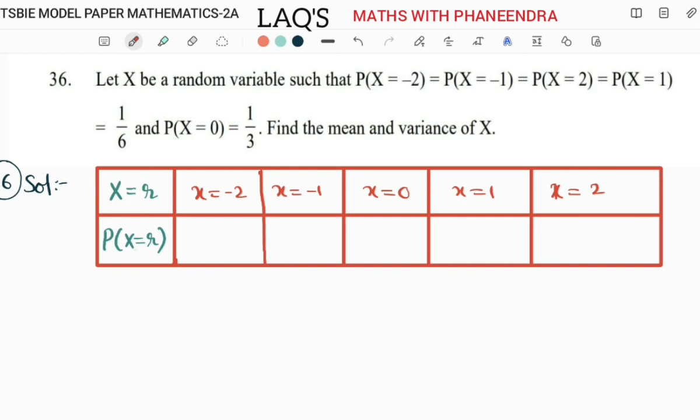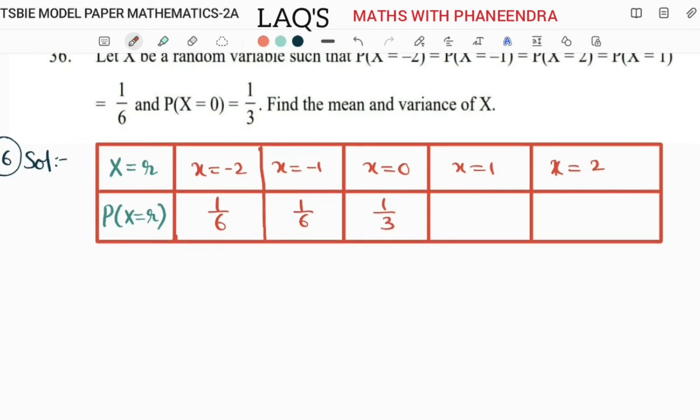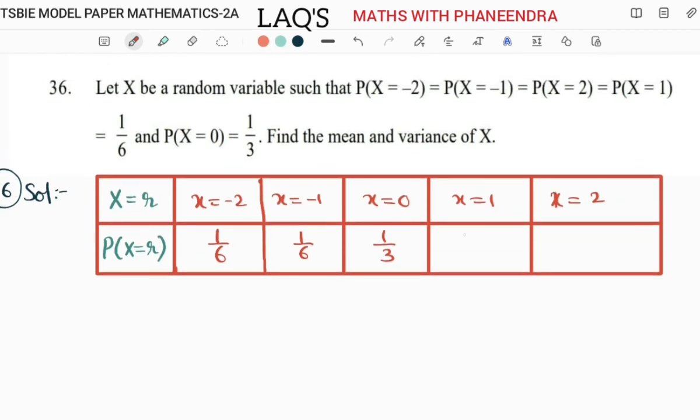So probability of x is equal to minus 2, how much is it? 1 by 6. Probability of x is equal to minus 1, that also 1 by 6. Probability of x is equal to 2. Now x is equal to 0 is 1 by 3 here. Probability x is equal to 1. X is equal to 1 is also 1 by 6. 2 is also 1 by 6. I hope you understand how to write this table.